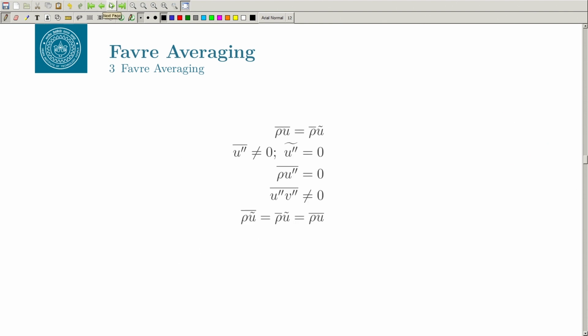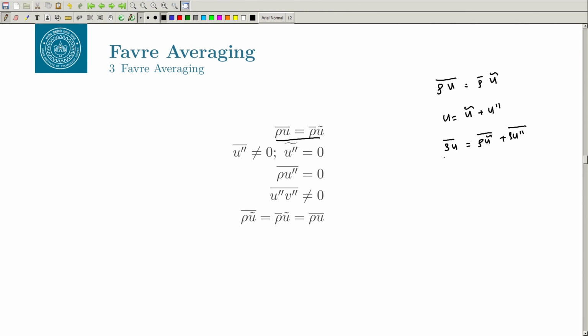So, this we have already seen, this is by definition that rho u bar is equal to rho bar u tilde, right. Now, since u is equal to u tilde plus u double prime, you can take rho u equal to rho u tilde plus rho u double prime, and take an average on both the sides.